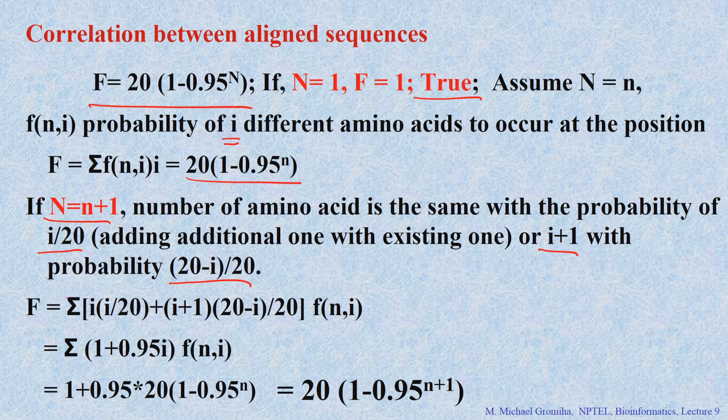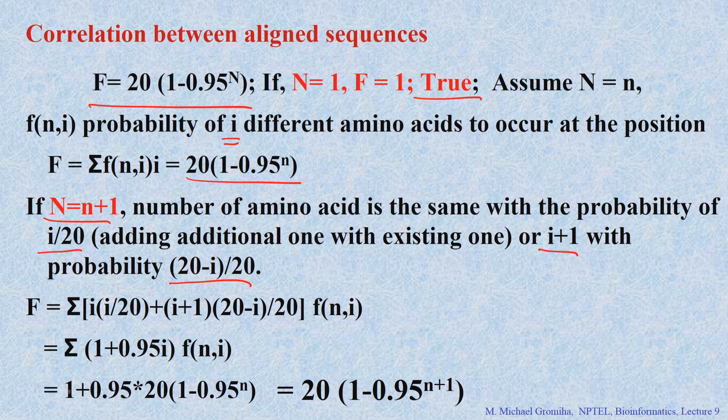Then if you add this in this equation, f equal to i times i by 20, and i plus 1 times this 20 minus i by 20, times the function of n comma i. If you simplify this equation, you will get 1 plus 0.95 times i with the function of n comma i, and this is equal to 20 times 1 minus 0.95 to the power n plus 1, because we derived these numbers.